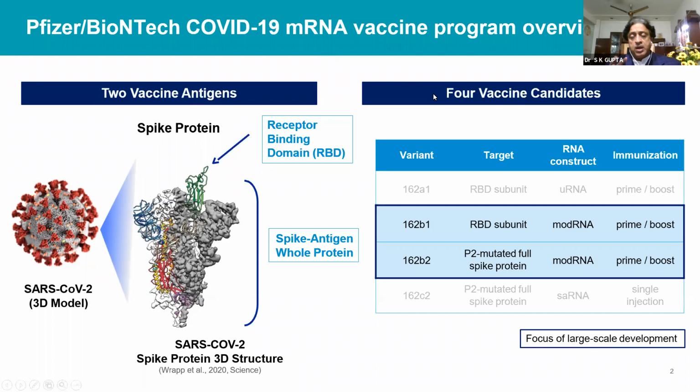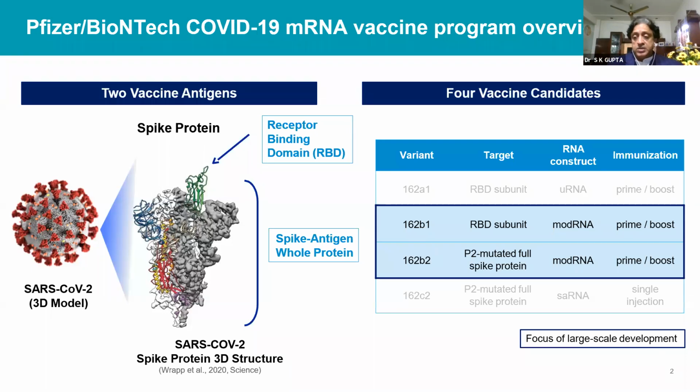BioNTech has a specialty in managing mRNA, and they have been doing it for various cancer patients. They have been able to mount gene therapy for various cancer patients like melanoma, multiple myeloma, and acute myeloid leukemia, where they have been able to produce antibody responses against the myeloma proteins and other cancer antigens.